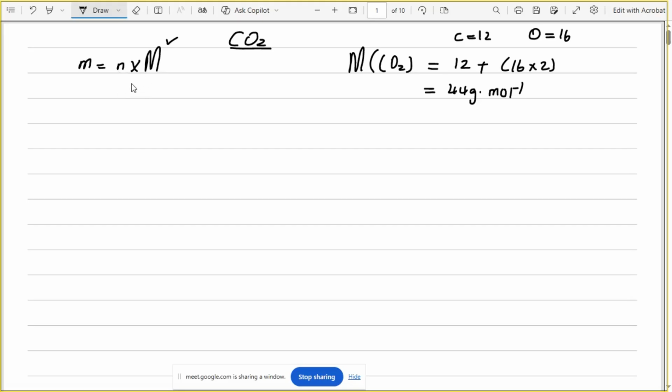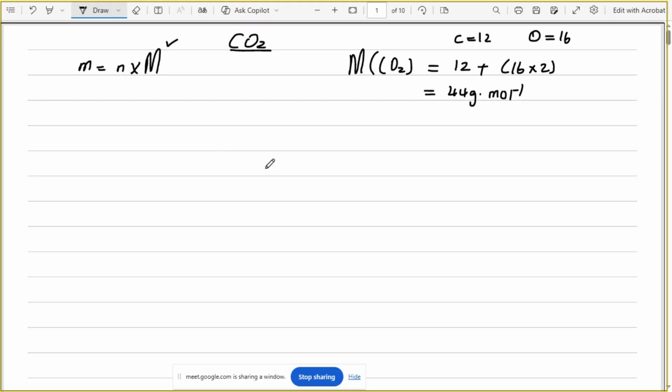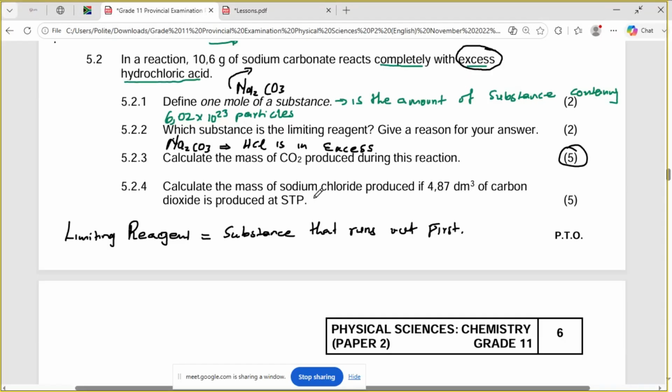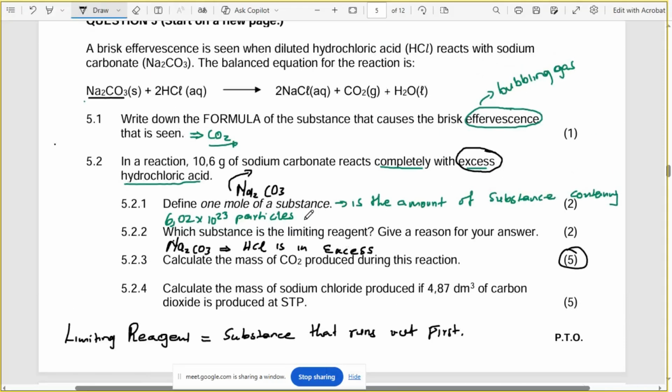What's next? To find the number of moles, you multiply by Avogadro's number. Do we have the number of particles? Are we given the number of particles?